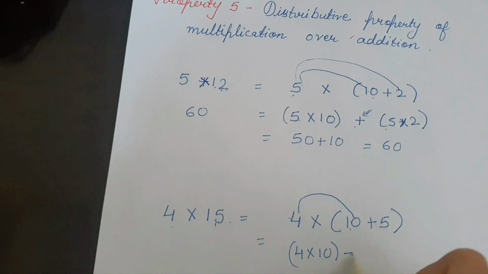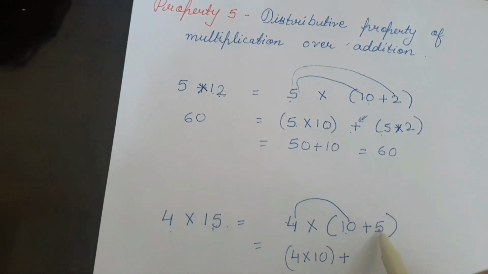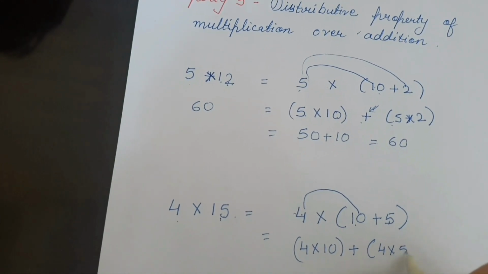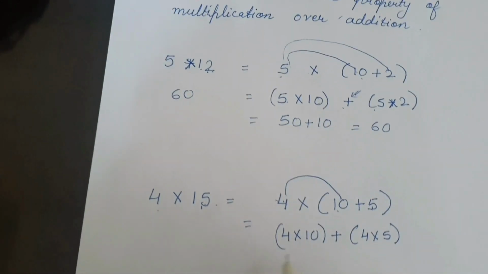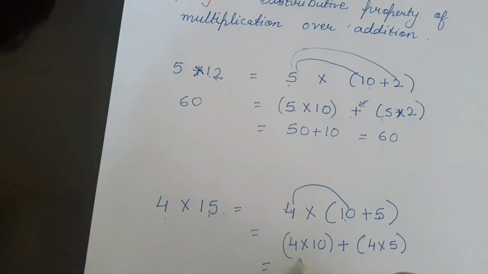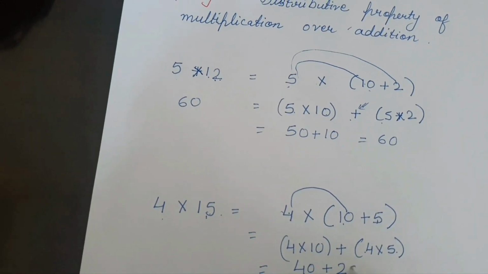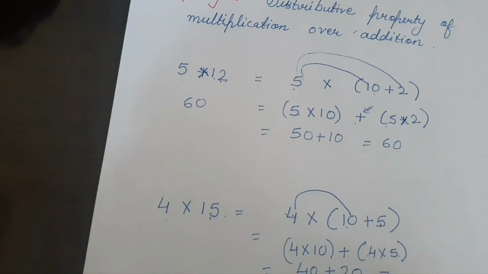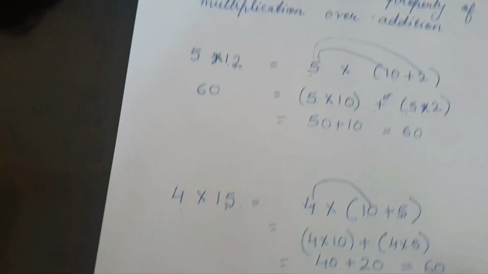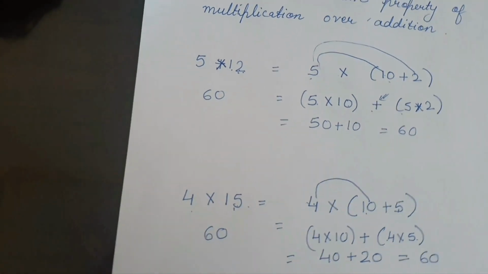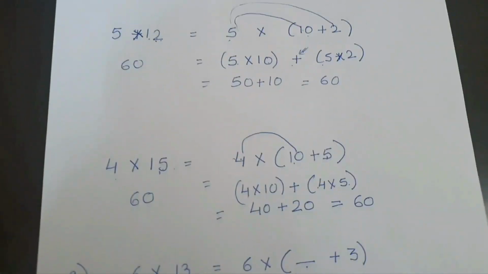And then plus sign will come here. And then this 4 we'll multiply it with 5. 4 into 5. Fine. So here we'll get it. 4 tens are 40 and 4 5s are 20. That is 40 plus 20 is 60. And here also you can see 15 4s are 60. Both the cases your answer will remain same.